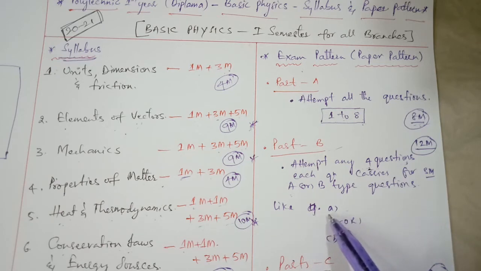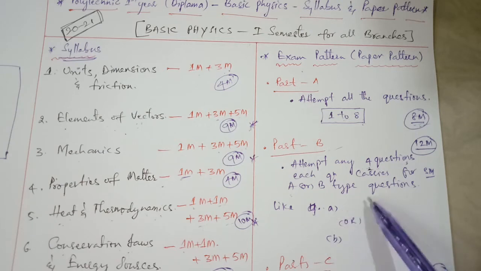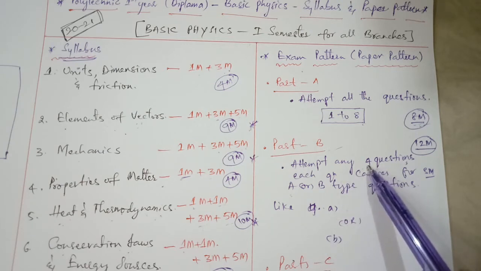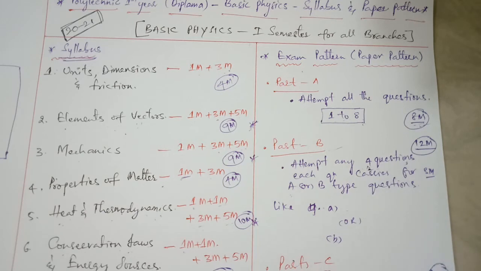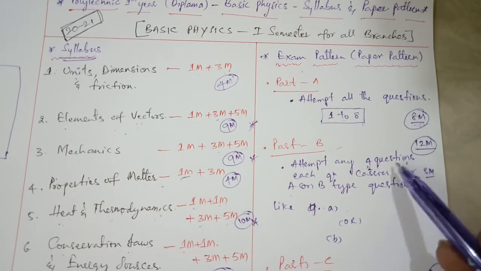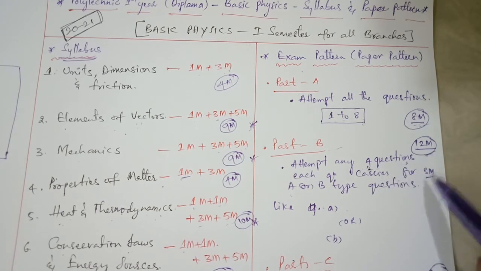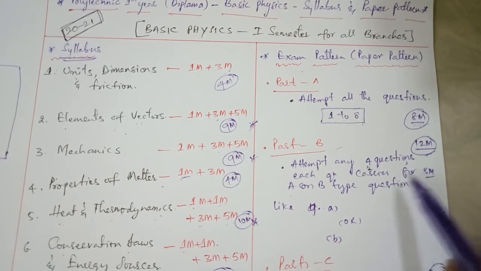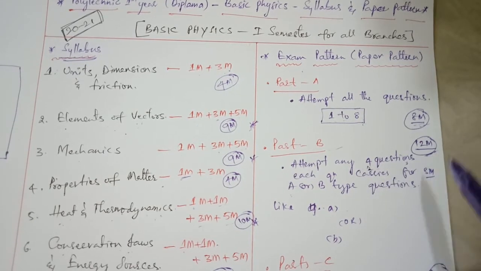Either we have to attempt 9A or 9B. Here there is an option. Then 10, 11, 12, 13 like that will be the total. Out of that you need to attempt 4 questions. Each question carries 3 marks, so 4 threes are 12 marks.